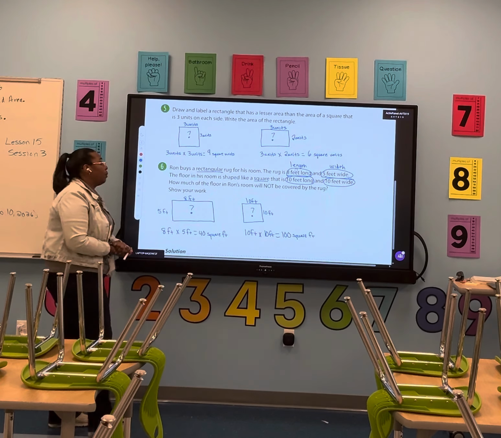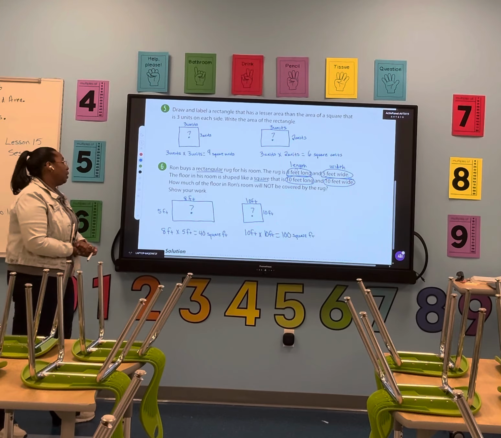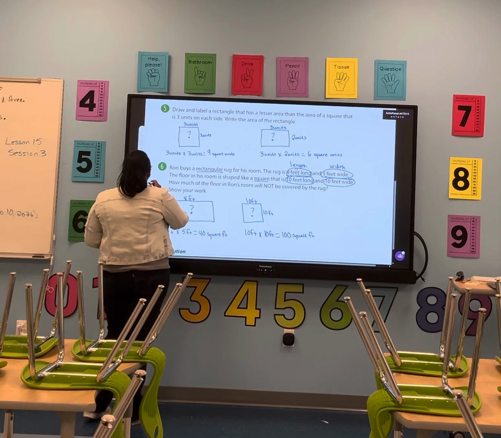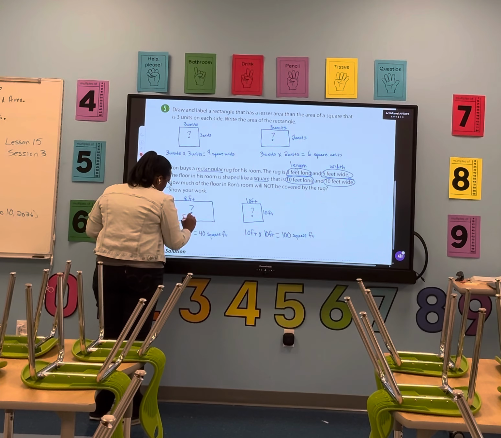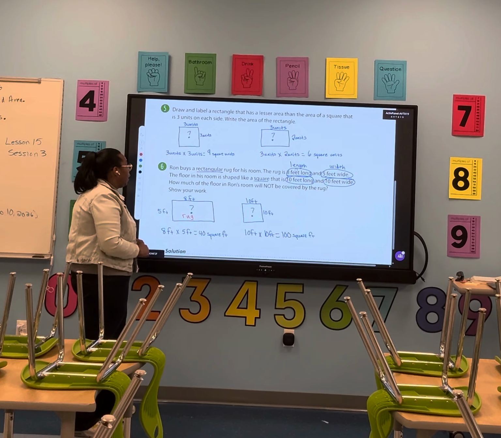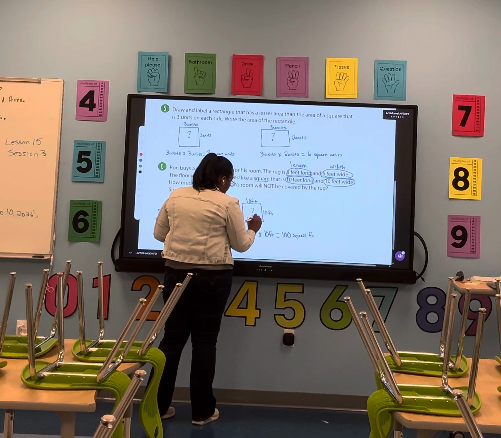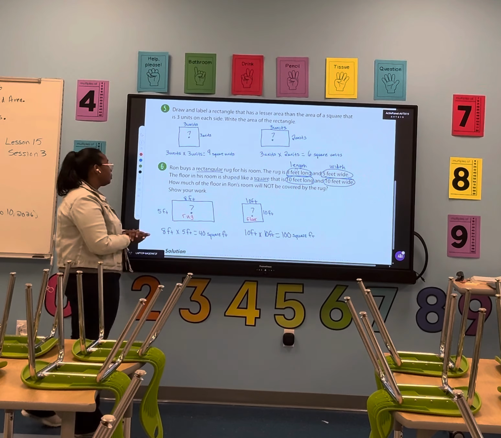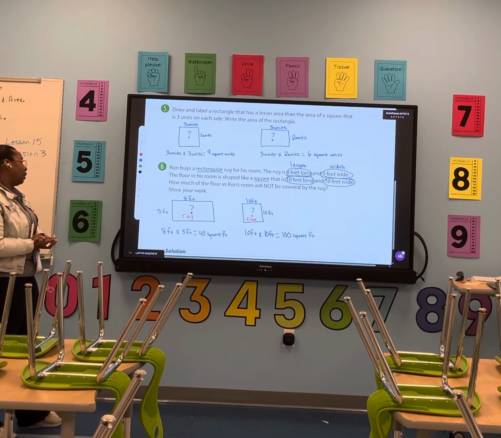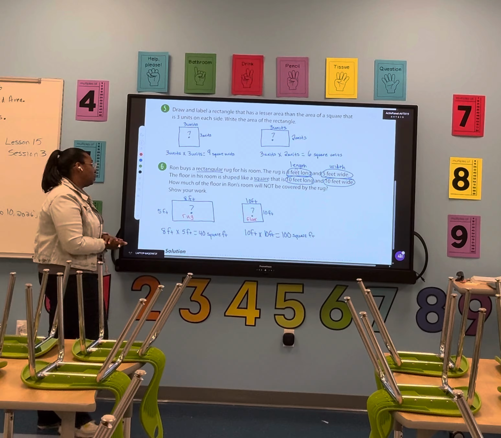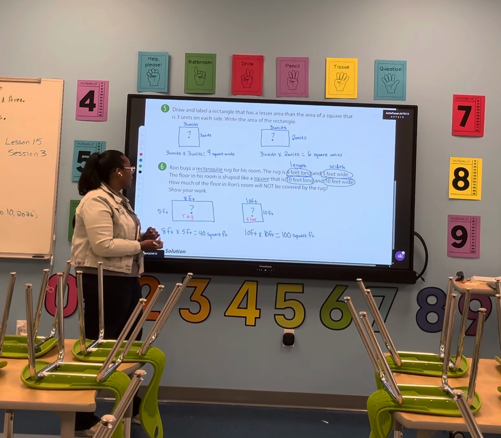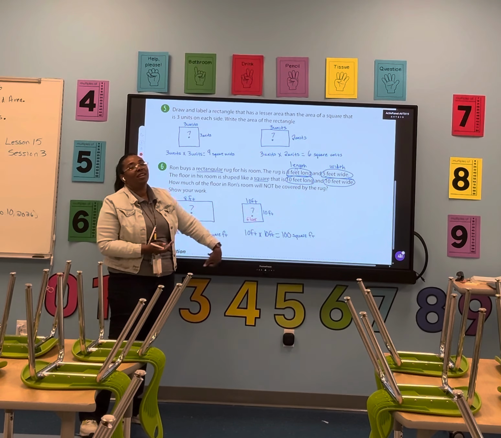All right, so now we know the area of the rug. So I'm just going to go in and label this as the rug. And then we know the area of his floor. The floor is here. Okay. Now, I know I didn't draw that to proportion, but I should have. Because I don't want you to be like, this one is going to cover that one.